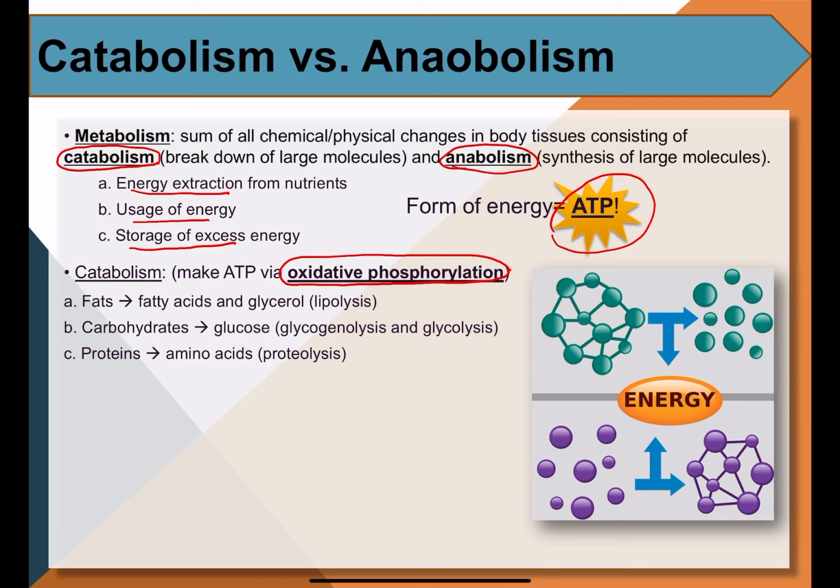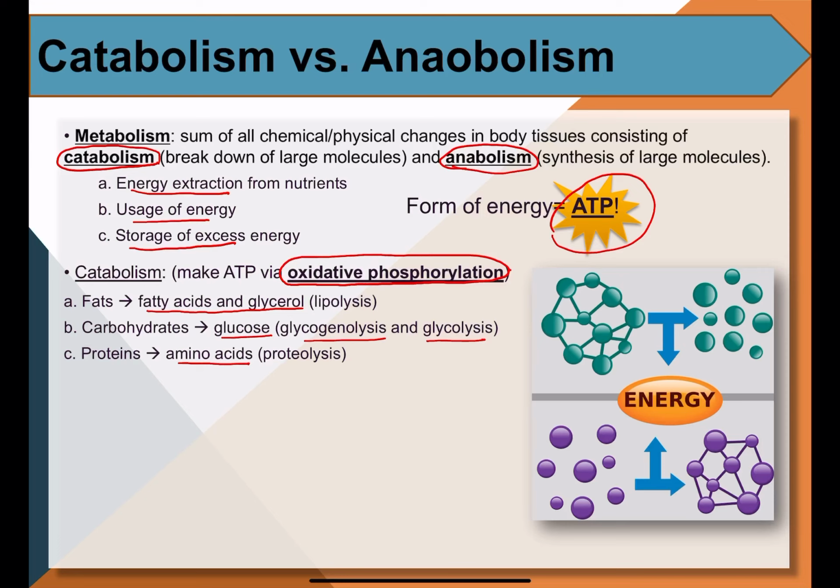Or we can use catabolism to get our smaller building blocks like amino acids. Fats, for example, are broken down into their individual fatty acids and glycerol molecule through the process of lipolysis. Carbohydrates can be broken down into their individual glucose through either glycogenolysis or glycolysis, and proteins can be broken down into their individual amino acids through the process of proteolysis.